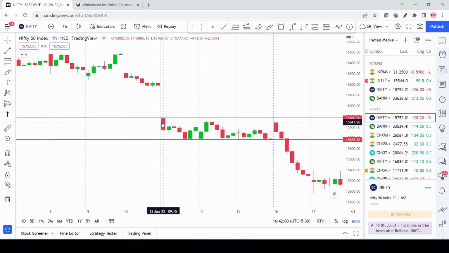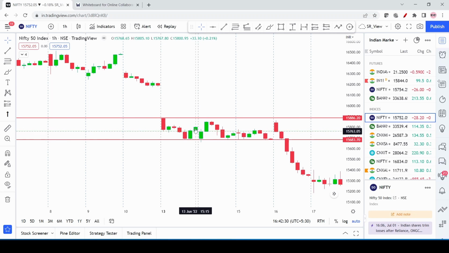The next day, this is nothing but PDH, previous day high. On this day, 14th June, the PDH value is 15,886, and the low is around 15,686. This is PDH and this is PDL, previous day low. We can see on 14th June how these levels are respected.